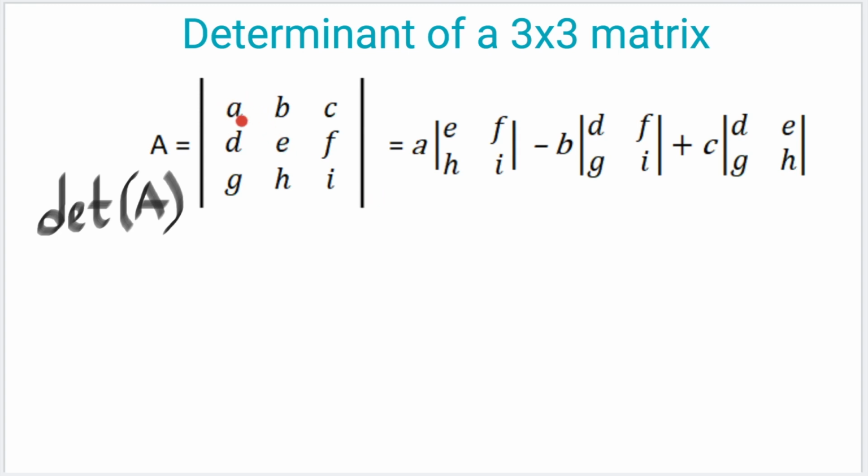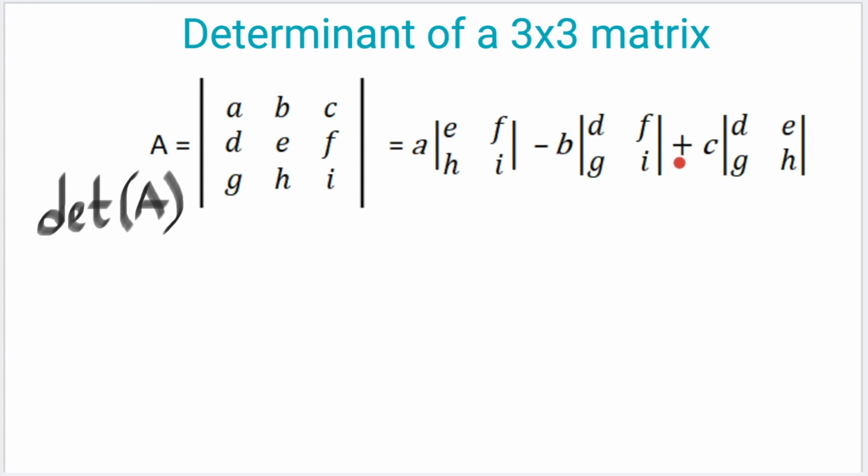A is the top leftmost value, which is going to be multiplied by the determinant of a smaller 2 by 2 matrix, E F H I. So we're going to multiply A times the determinant of that matrix, and then we take B, which is the top middle value, times a smaller matrix, D F G I, and B is going to be negative.